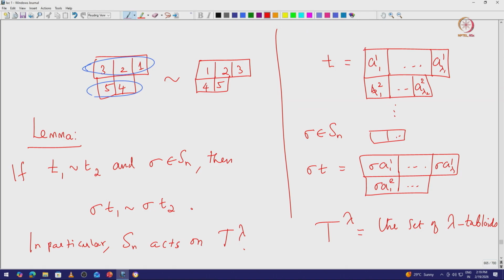Let us check this statement. Assume that T1 and T2 are related.